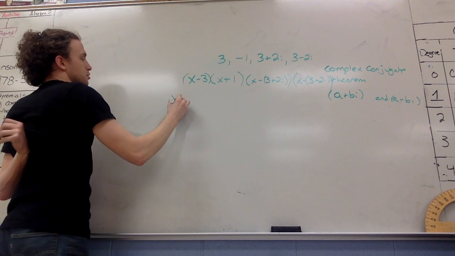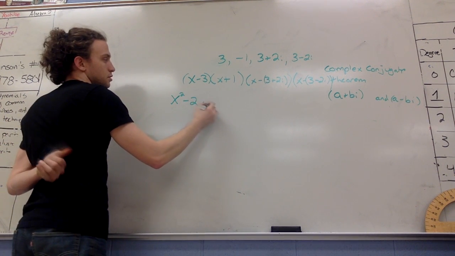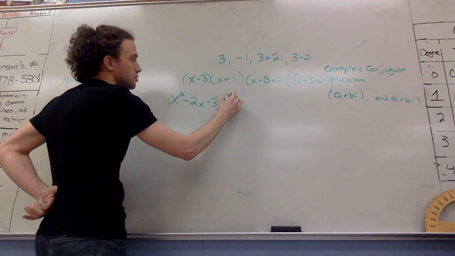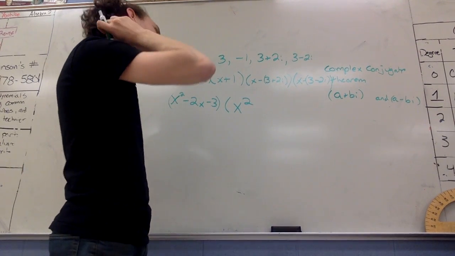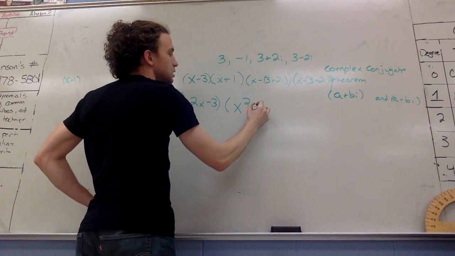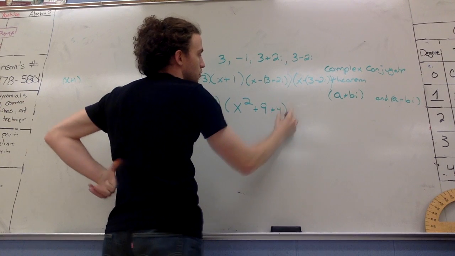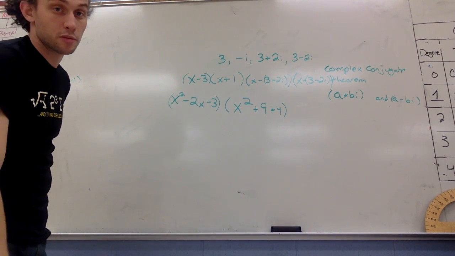This gives me x squared minus 2x minus 3 times x squared. This is going to give me 9, and this gives me 4. My middle terms will cancel off because these are going to be conjugates.